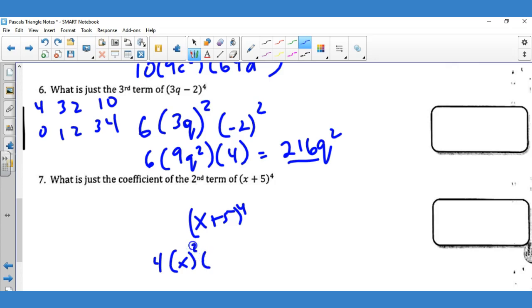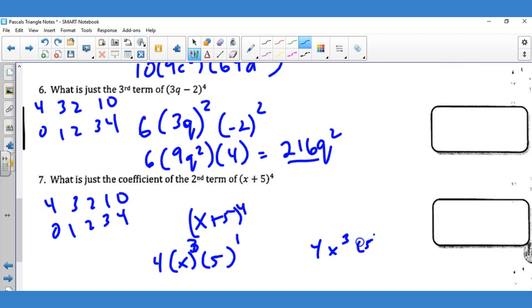Oh, excuse me, x cubed. That's the second one, right? 4, 3, 2, 1, 0. 0, 1, 2, 3, 4. And then you're going to have 5 to the first. Anyway, for the coefficient right here, you get 4 x cubed times 5, which is 20 x cubed. The coefficient is 20.